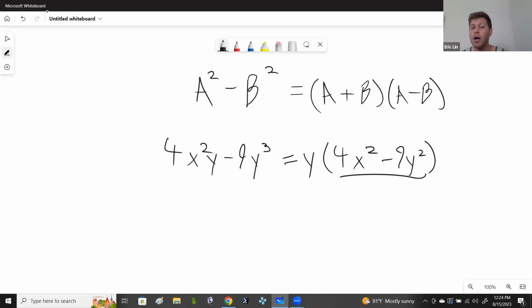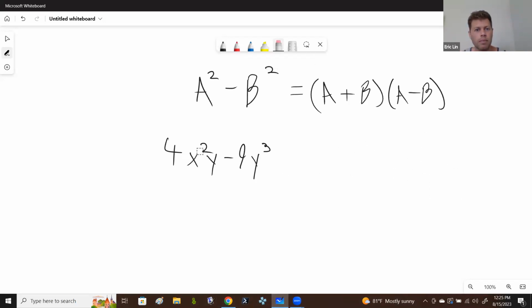And that can be true of having extra variable common factors. You could instead have extra numerical factors. So let's see if I can come up with these numbers on the spot. Let's see, 16x squared, and then I believe 36y squared. I would say, hey, these both have a common factor of 4.